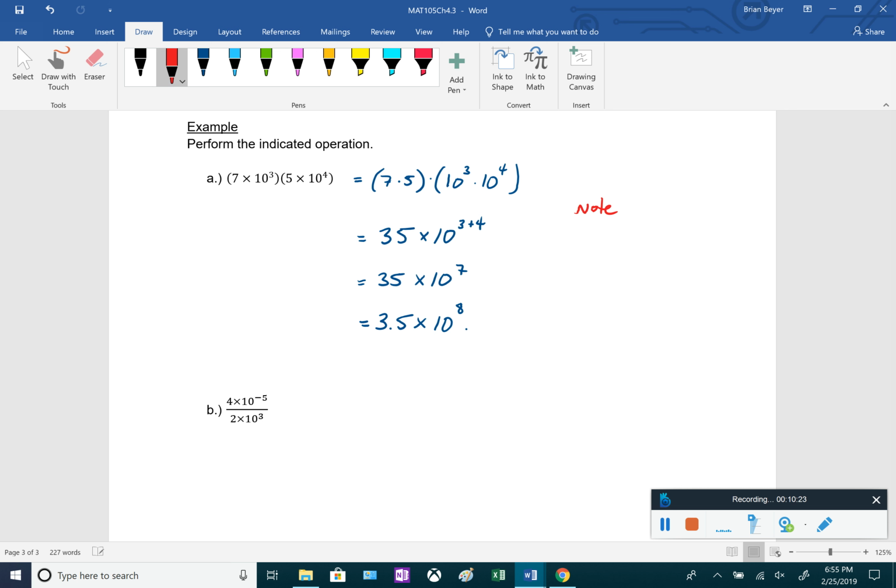I'm just going to make a little note over here and say that 7 times 10 to the 3rd times 5 times 10 to the 4th is the same as 7,000, so this is them in decimal form, times 50,000, which would be the same as 35 with 1, 2, 3, 4 zeros, so that looks like 350 million. And then you could convert that to scientific notation and you'd end up getting the same answer, 3.5 times 10 to the 8th.